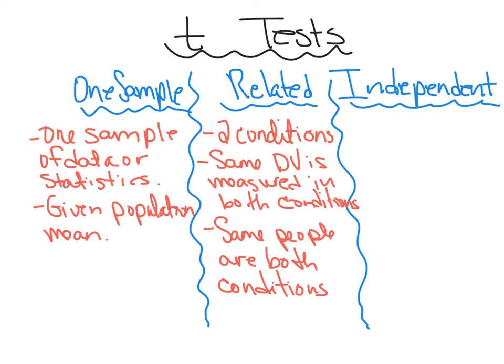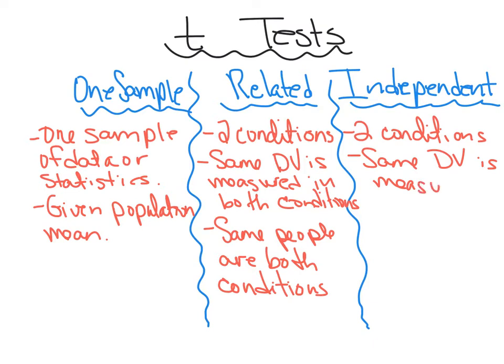Whereas with an independent t, there are two conditions. The same dependent variable is measured in both those conditions.